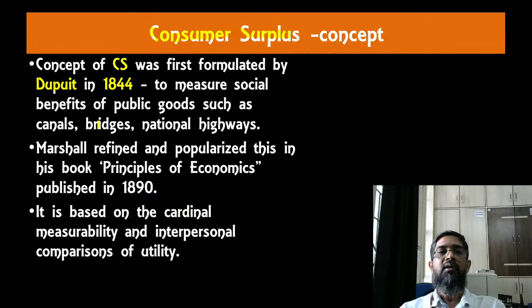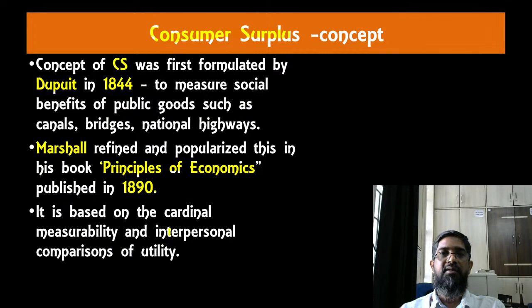Later on, Marshall gave many basic theories in economics to explain consumer behavior, right? Marshall refined this consumer surplus concept and popularized it in his book Principles of Economics in 1890. This concept is based on the principle that utility can be measured.